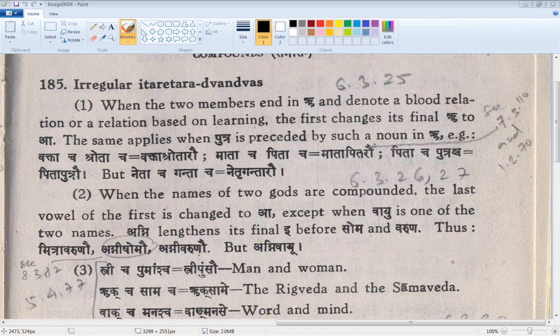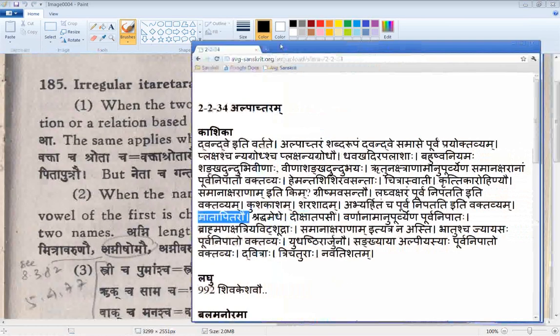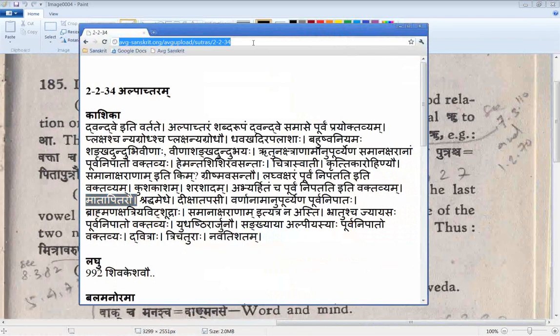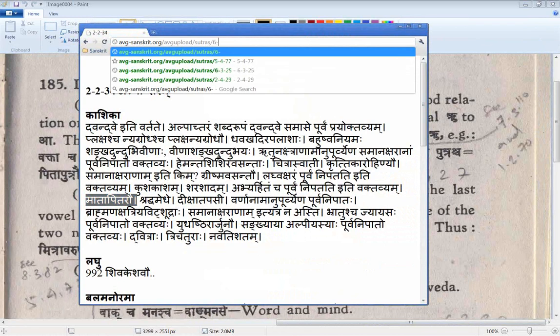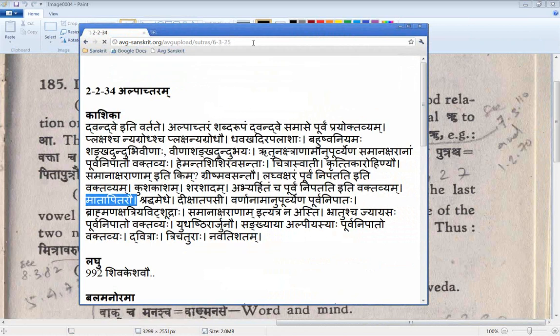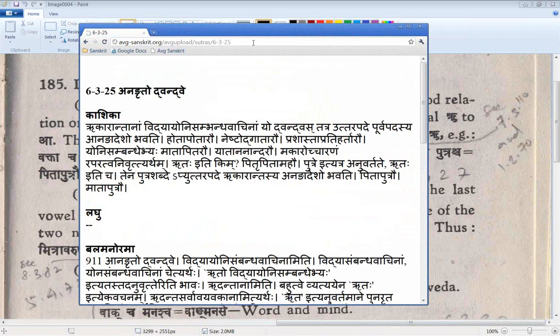Yoni sambandha. So here, coming back to 6.3.25, which is rukarantanam vidya yoni sambandha vachinam yodyo dvandvah, tatra uttarapade purvapadasya anangadesho bhavati.